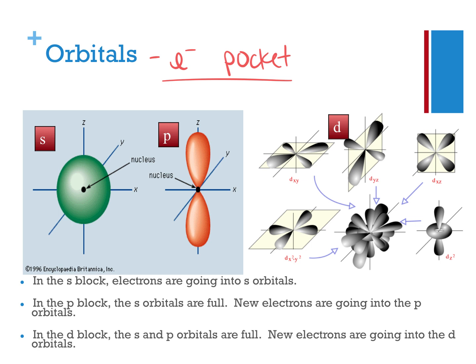Okay, an orbital is an electron pocket or an electron holder, okay? Individual orbitals can hold 2 electrons. That's important. Individual orbitals can hold 2 electrons. But there can be multiple orbitals around our nucleus to help hold all of the electrons that we need.